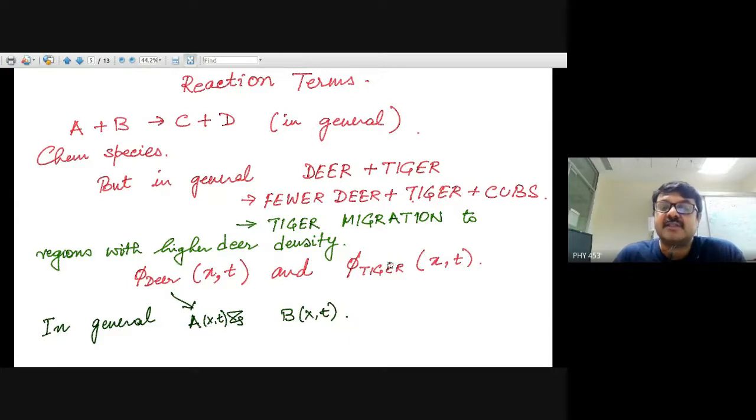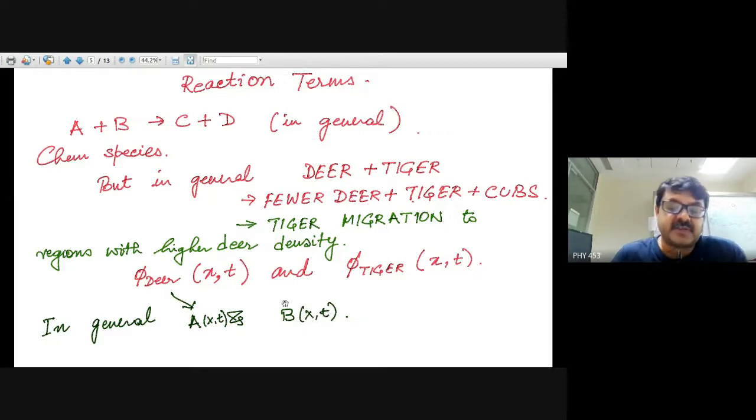And the concentration of tigers can be represented as the concentration of species B, whatever it be, chemical, tiger, whatever, because we are more interested in the solution of the partial differential equation. And that again is dependent on x and t.